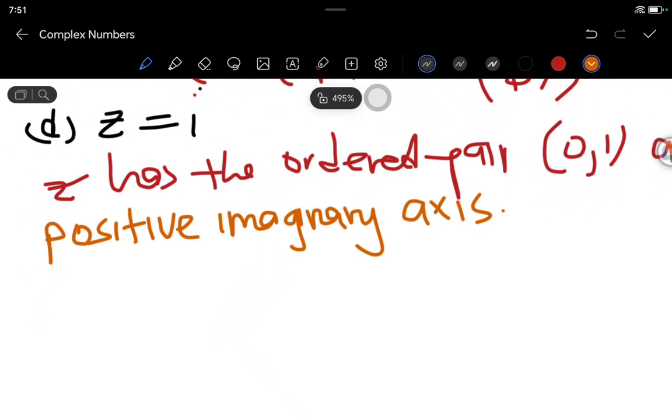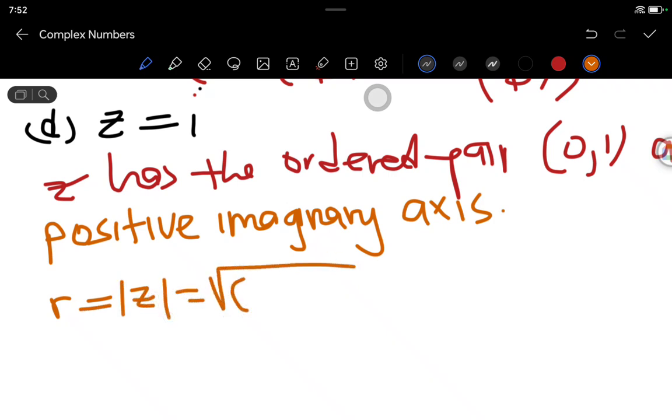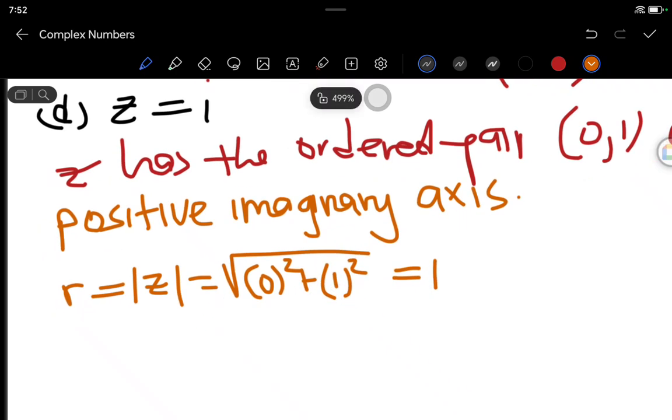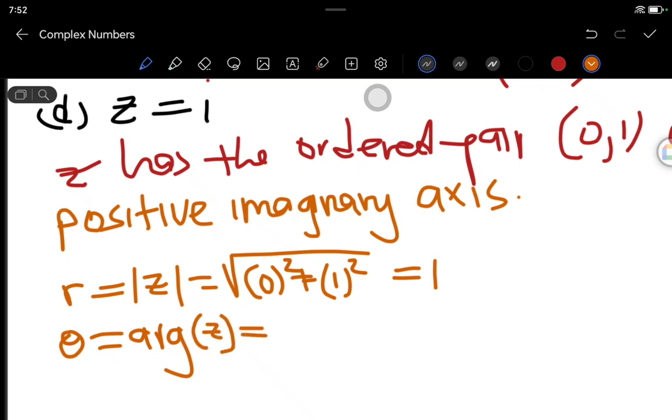Now, if it's in the positive imaginary axis, I'm going to get that r is equal to the modulus of z, which is equal to the root of 0 squared plus 1 squared, which the modulus is 1. And also theta, here theta is just going to be the arg of z, which is equal to pi over 2. You see, right?